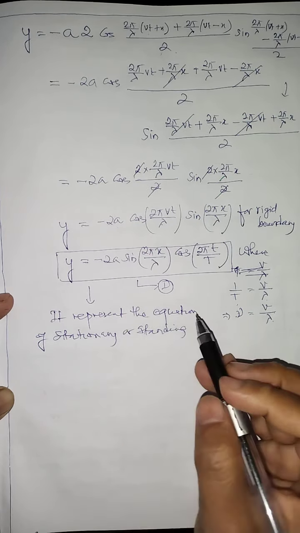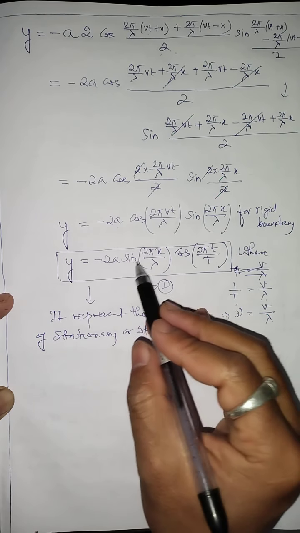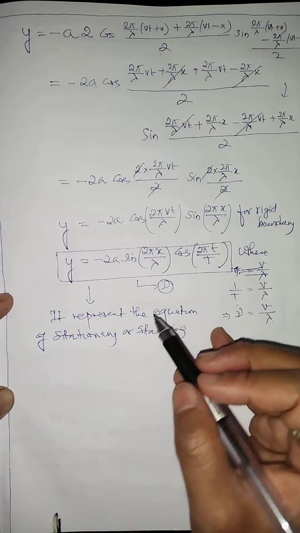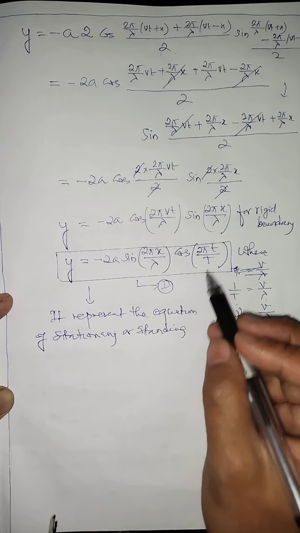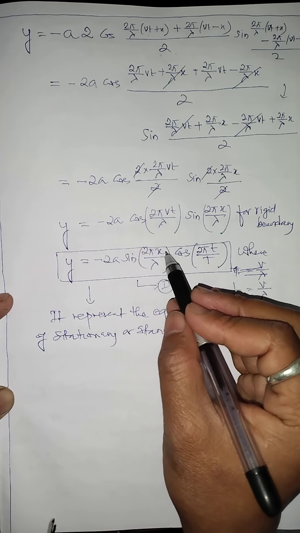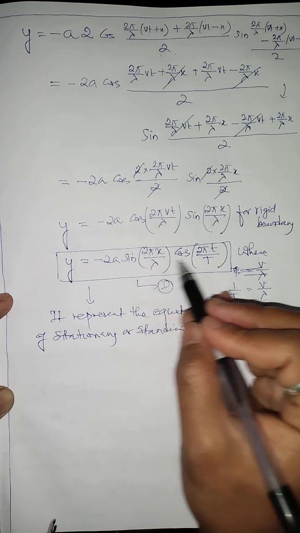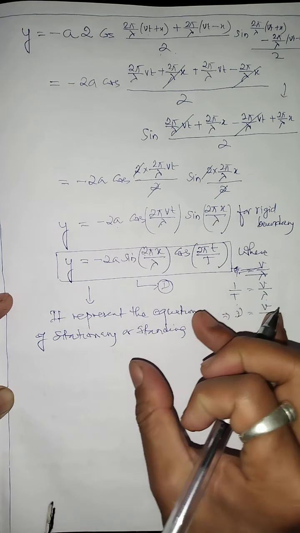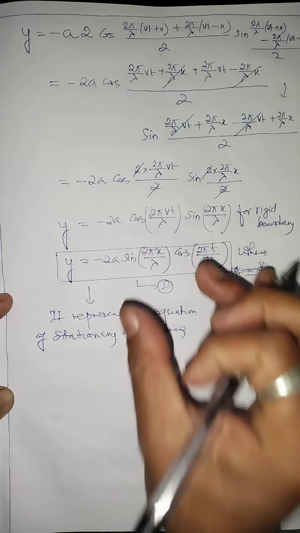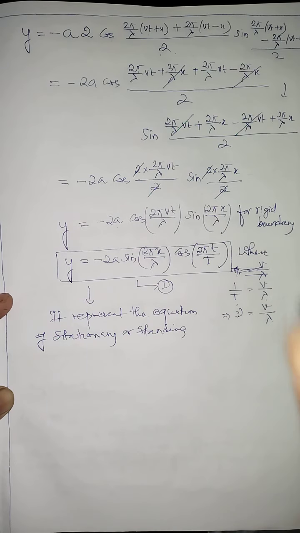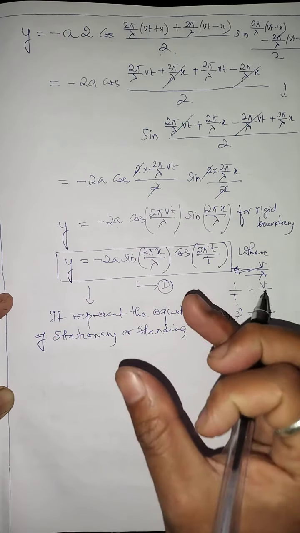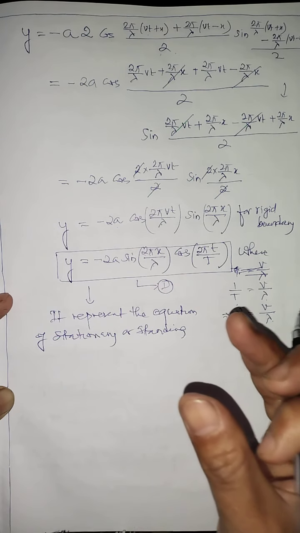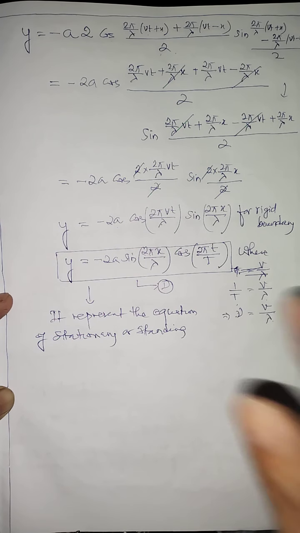Because in this equation, the displacement and trigonometric functions are not involved with bt plus minus x. It's simply 2 pi x by lambda and 2 pi t by T. That means this equation is actually the equation of a stationary wave, meaning the displacement of every particle of the medium remains fixed. The wave does not represent a traveling wave. It represents a standing or stationary wave.